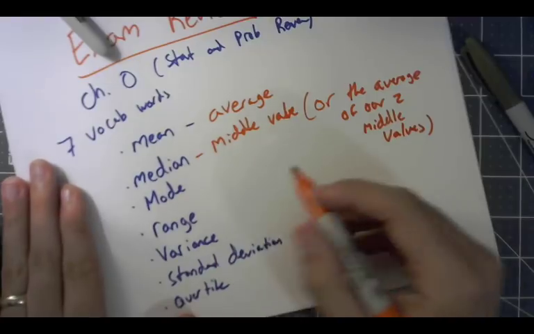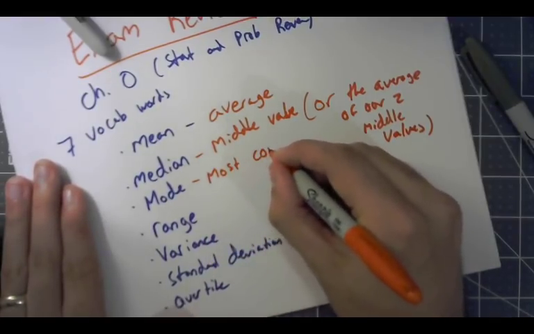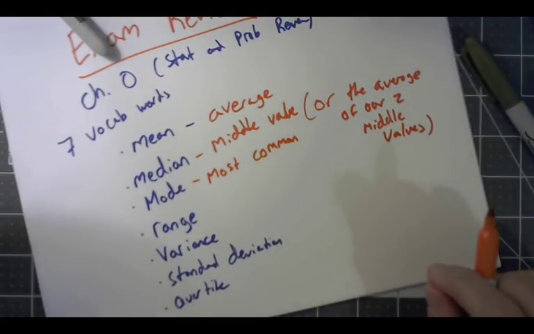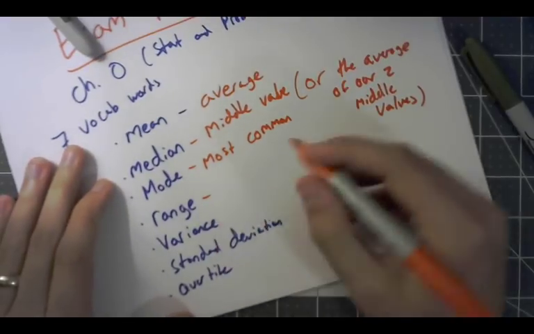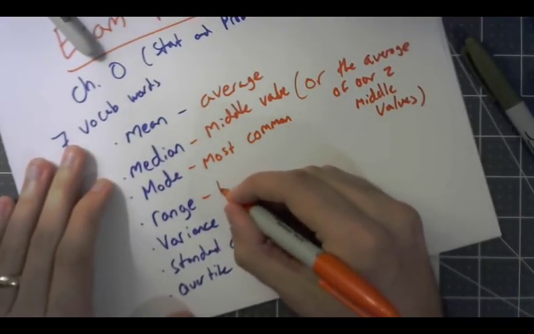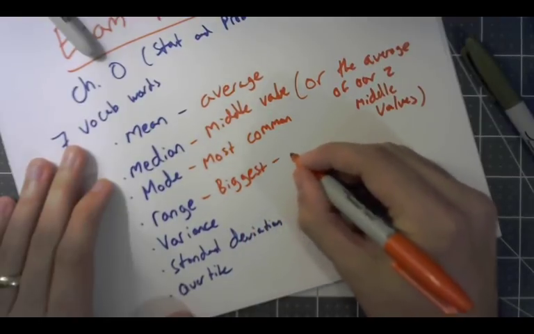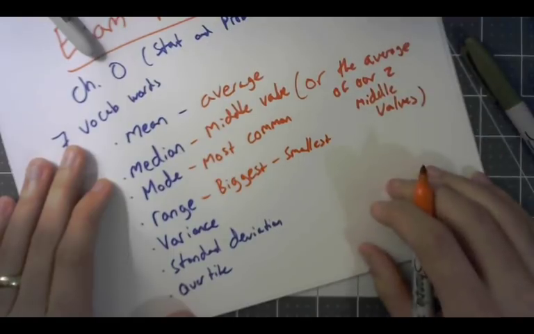We have the mode. That is our most common. So if a number occurs the most number of times, that is our mode. Our range is our biggest minus our smallest number.